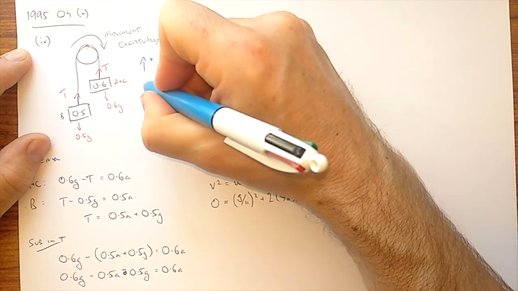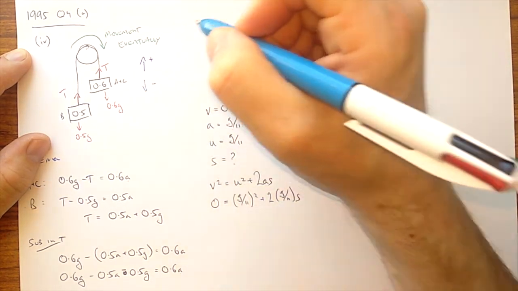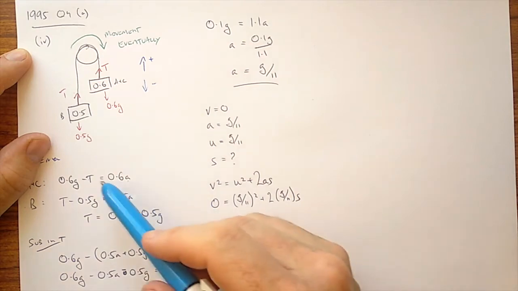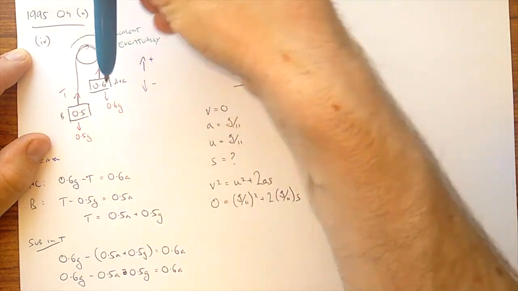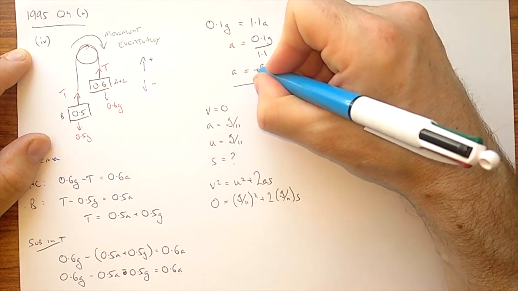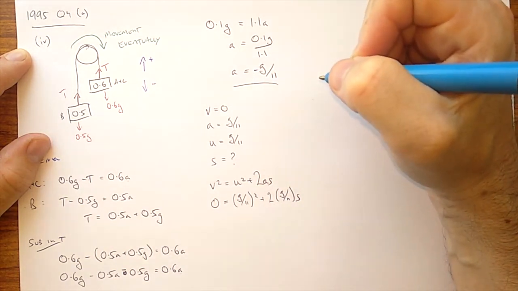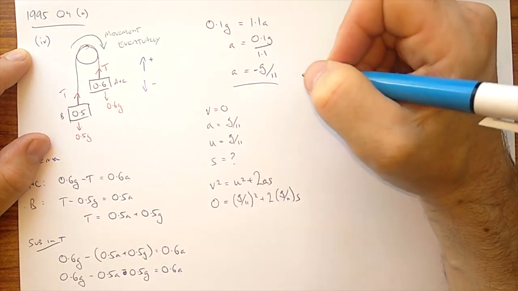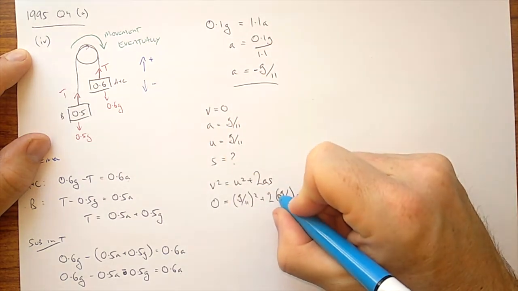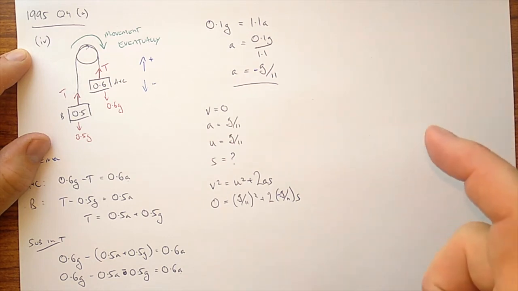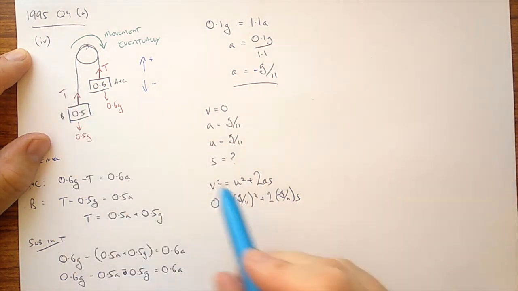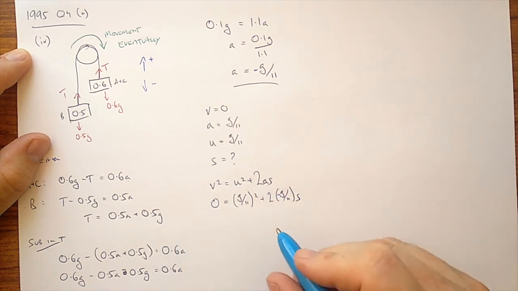So we're going to call this positive and down negative. Okay, now if overall our acceleration is going this way, strictly speaking a is minus g over 11. Okay, and this will be a minus in here. Now, like I said, in the end of the day, in these questions you can see any of the errors back and forth quite easily, but that is technically speaking why that one wasn't looking so happy.